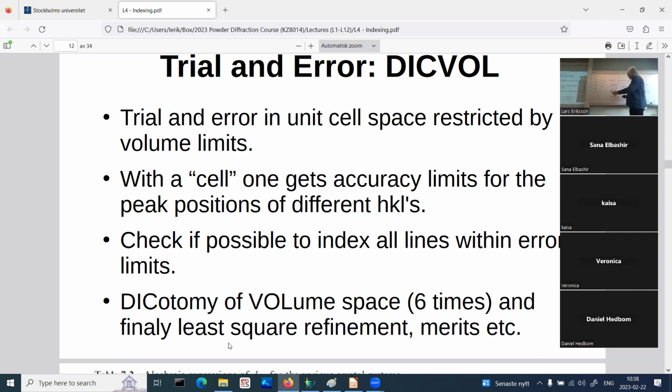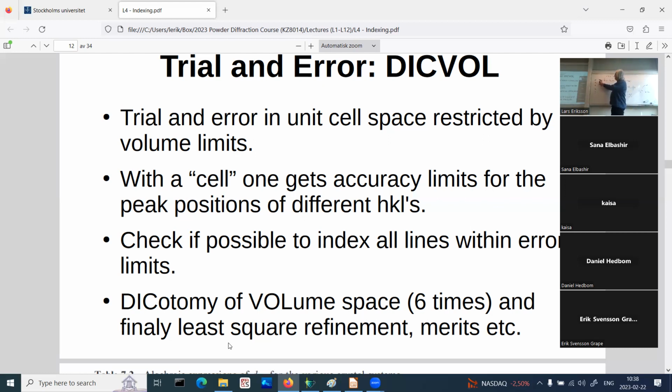If you have a unit cell or plausible unit cell with some error limit, then with these error limits, for each of the observed lines, you can generate a lot of HKL, which will give Q min and Q max.